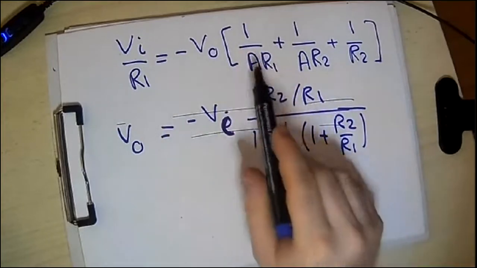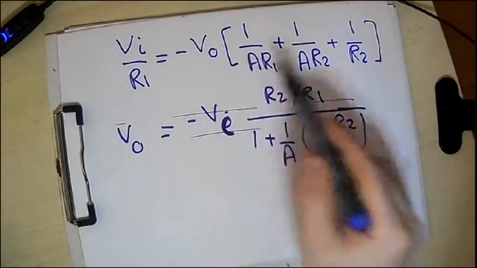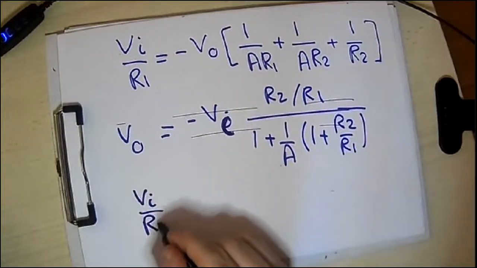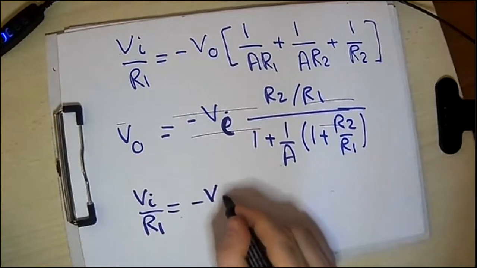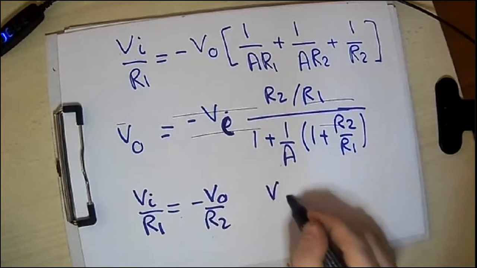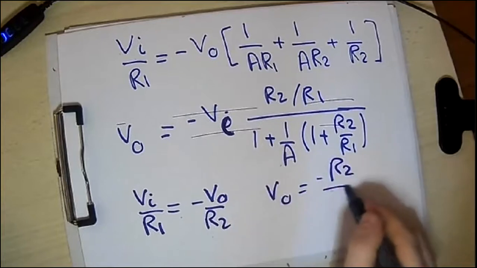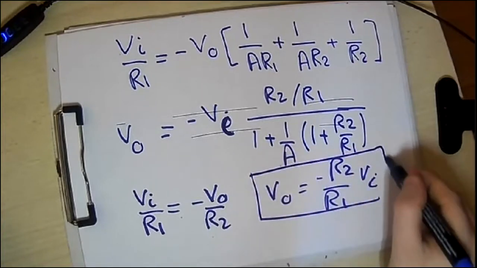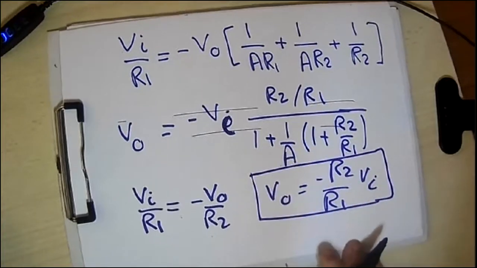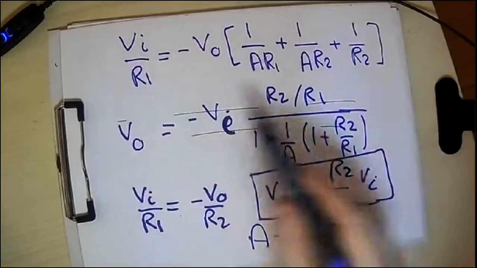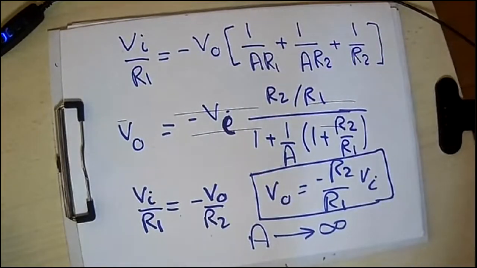If A tends to infinity, then this term will tend to 0, this term will tend to 0, and you will have V input over R1 equals minus V output over R2, or V output equals minus R2 over R1 times V input, which is typically the same as what we have done in the first circuit while considering A equals infinity. So this proves that this is a correct solution.